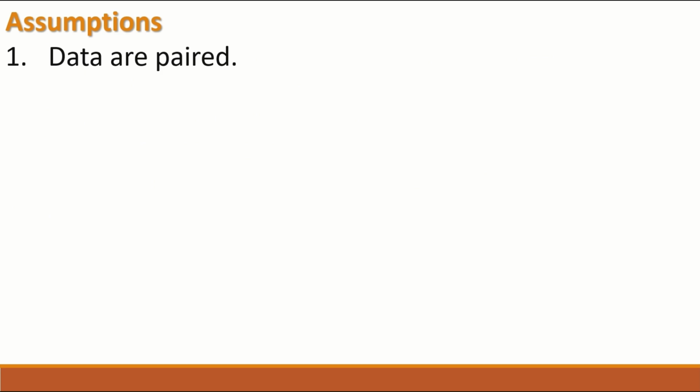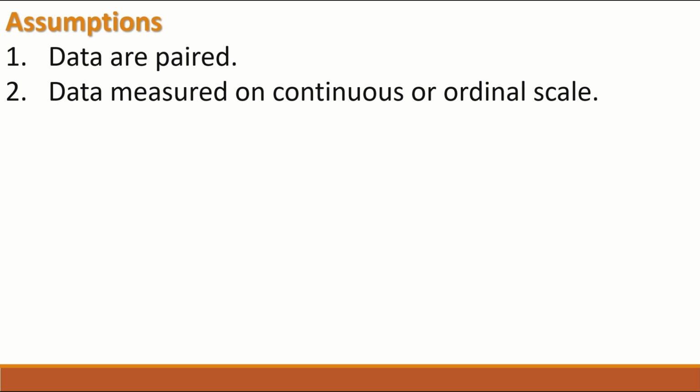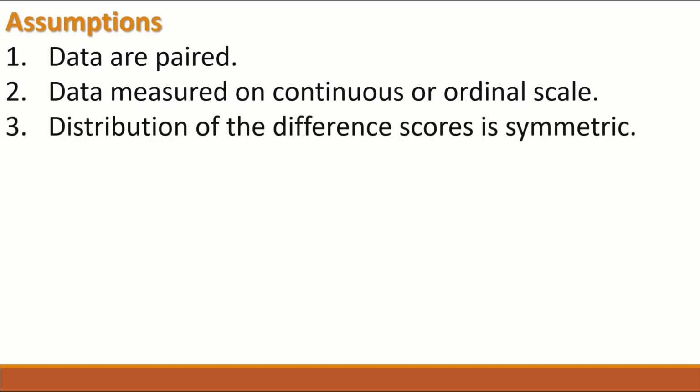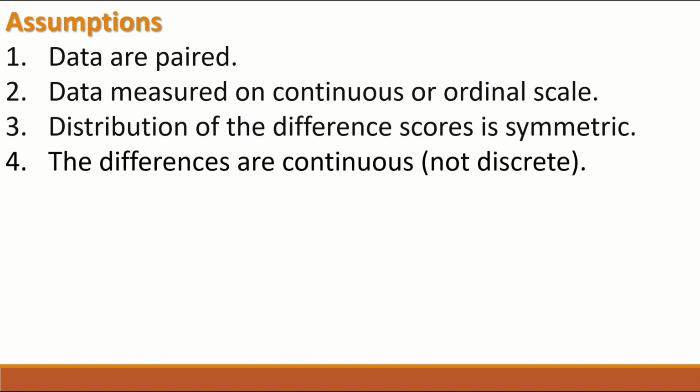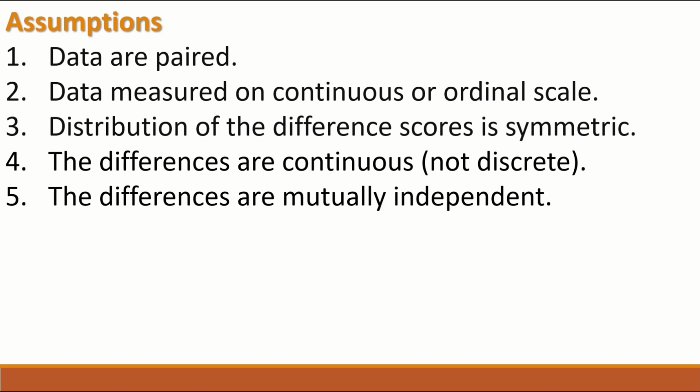The assumptions for the Wilcoxon Signed Rank Test are: the data should be paired, the data measured on a continuous or ordinal scale, the distribution of the difference score is symmetric, the difference between the two groups are continuous, not discrete. Continuous means that it can have fractions in it. Discrete, there is no fraction, it is an integer number.